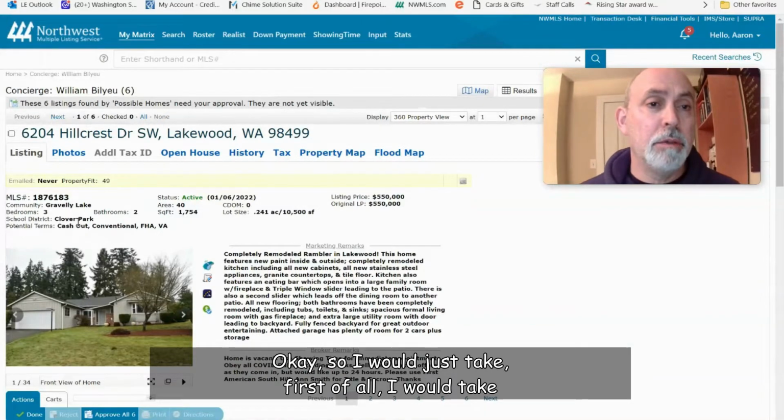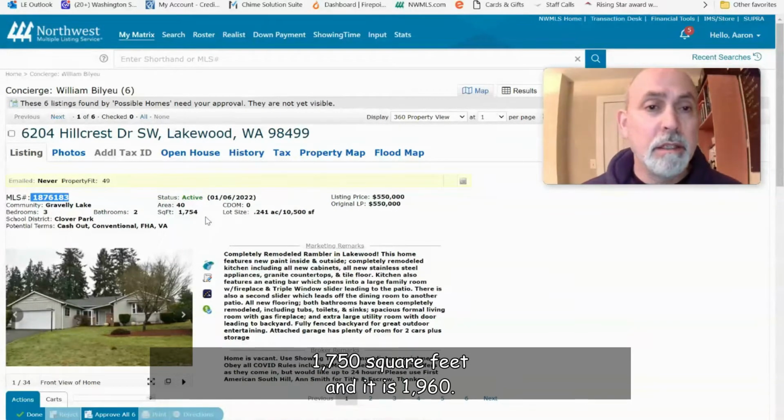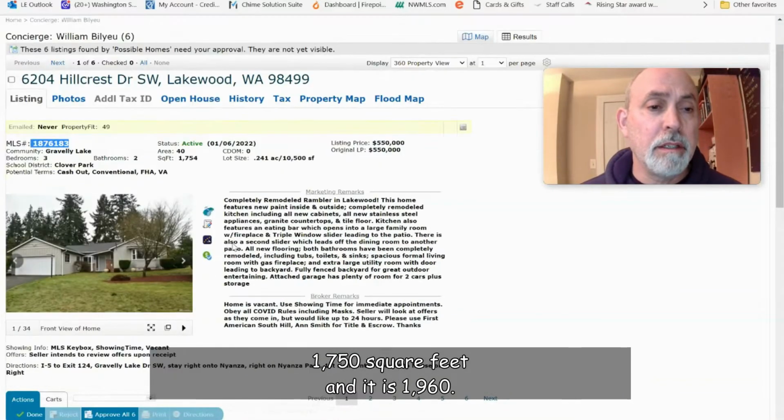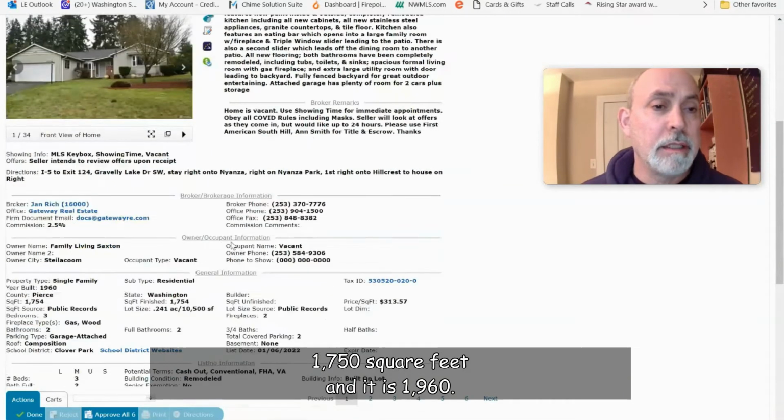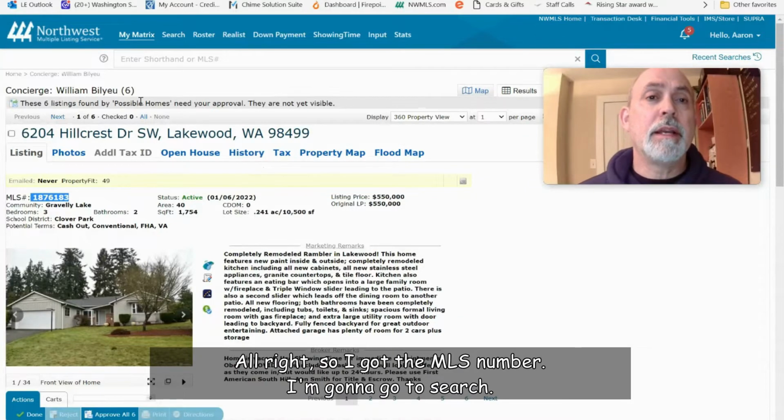First of all, I would take the MLS number and copy that. We're looking at 1,750 square feet, built in 1960, quarter acre. All right, so I got the MLS number.